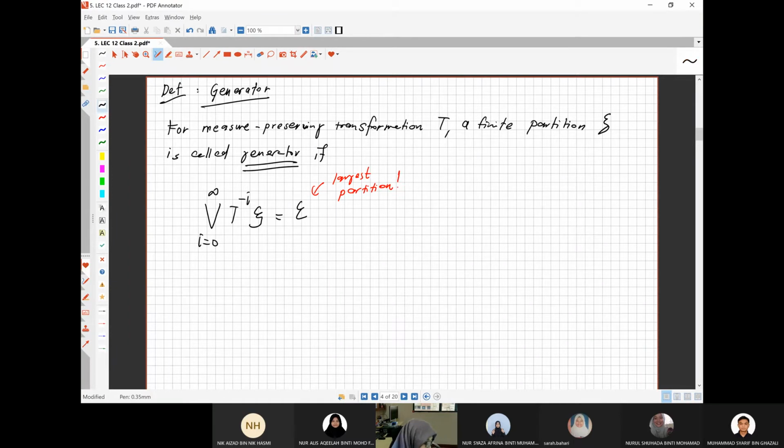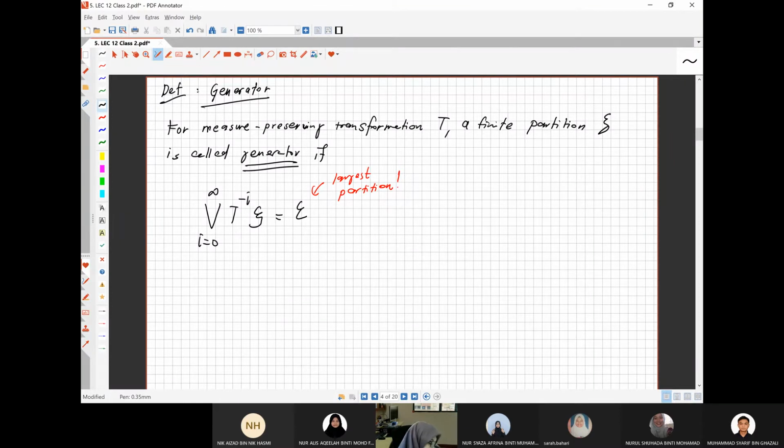So if you have a measure preserving transformation T and a finite partition psi, and the join of the infinitely many pre-images of the partition is equal to the largest partition, then you have that they are equal, which means psi is a generator for your measure preserving transformation T.